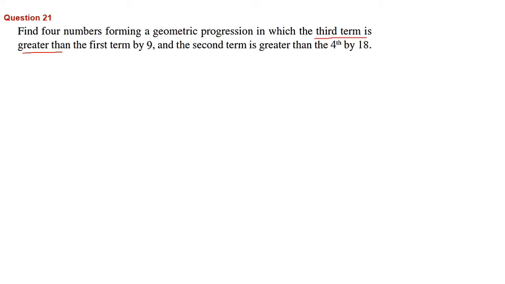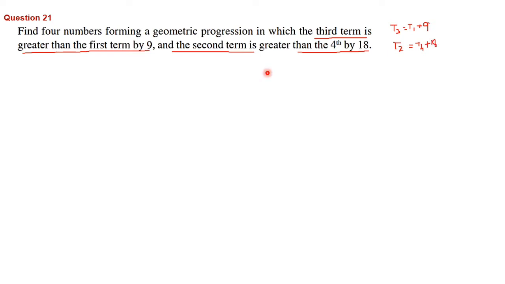So the third term, T3, is greater than the first term, T1, by 9, that means T3 = T1 + 9. And the second term is greater than the fourth term by 18: T2 = T4 + 18. So these are the mathematical statements given to us.